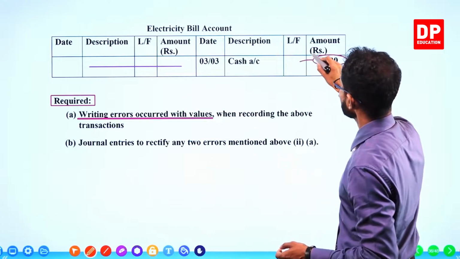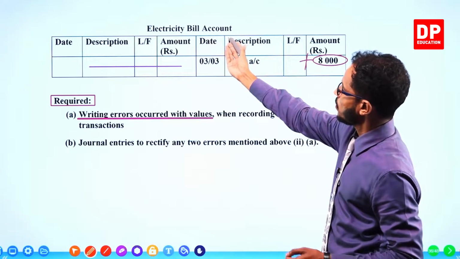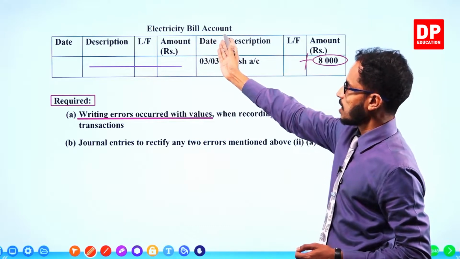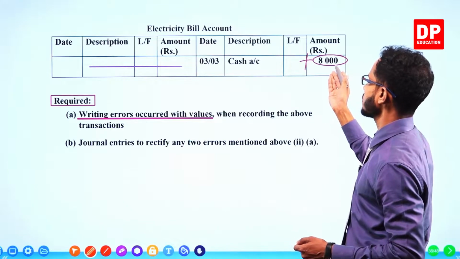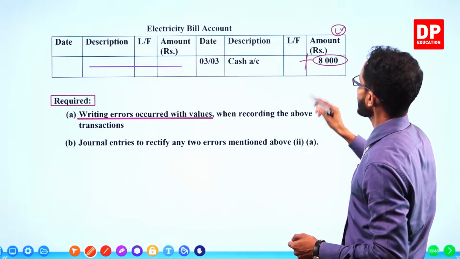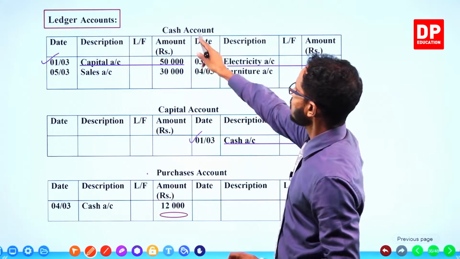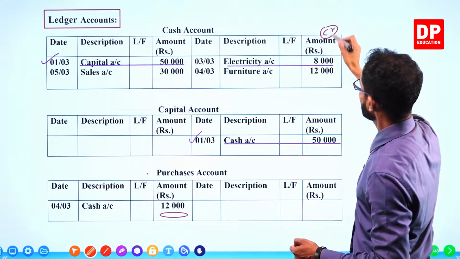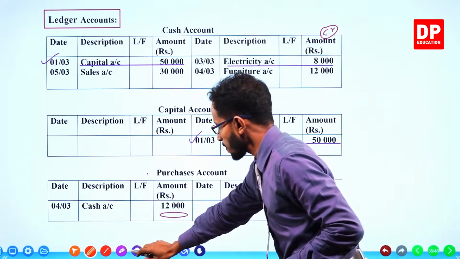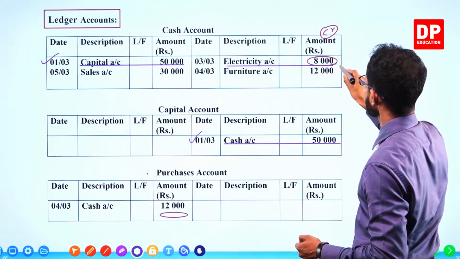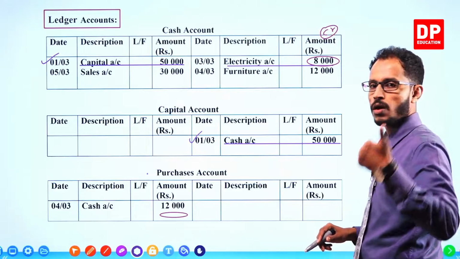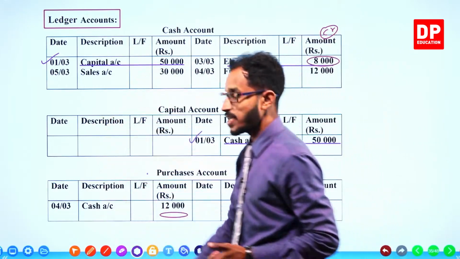Both accounts are credited now. See, electricity bill account also has been credited with 8,000. Cash book also credited 8,000. See, that is wrong. Electricity bill account should be debited.